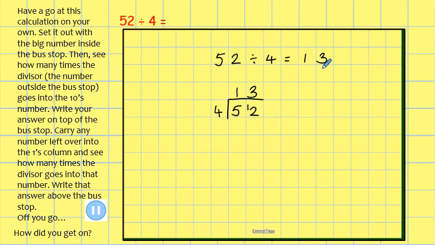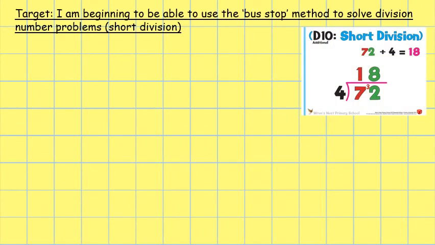Well done. I'd like you to try some independently. Have a go at these examples on your own. Your target today is I am beginning to be able to use the bus stop method to solve division number problems.